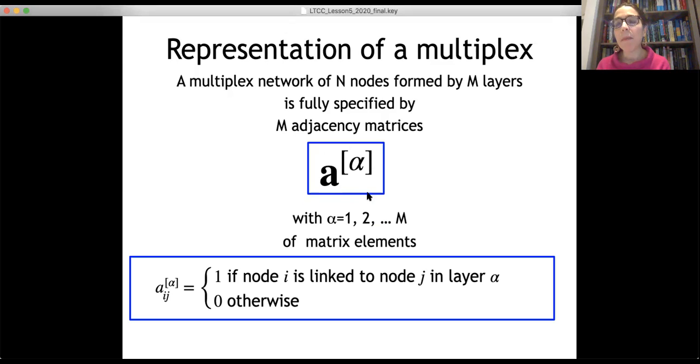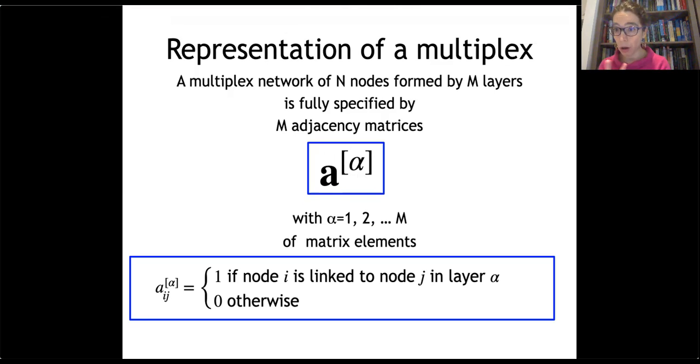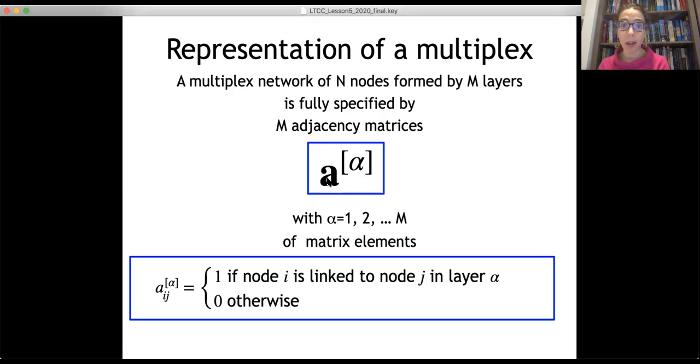This can in some sense be considered a tensor, but it's not really a tensor because you cannot allow for rotation of the indices of the tensor.